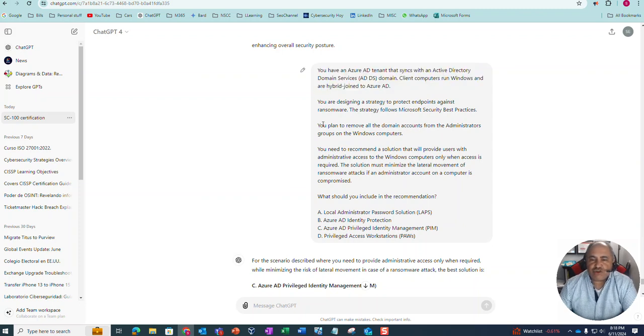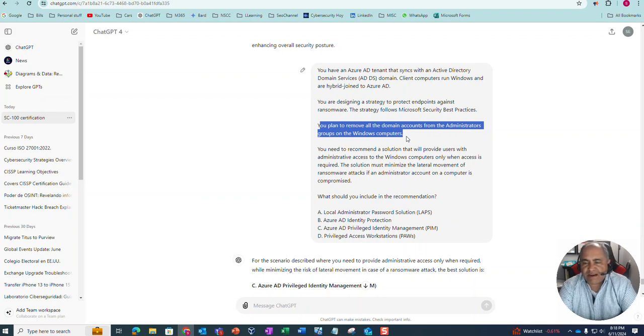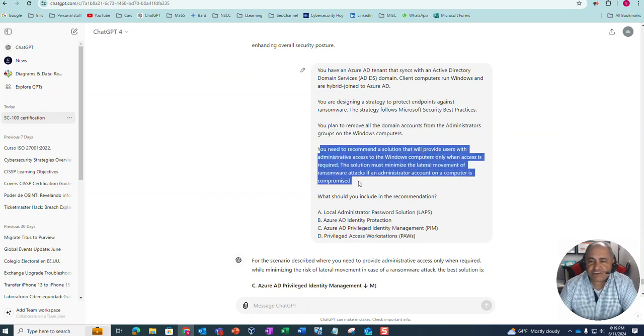You plan to remove all the domain accounts from the administrators groups on the Windows computers. You need to recommend a security solution that will provide users with administrative access to Windows computers only when access is required.